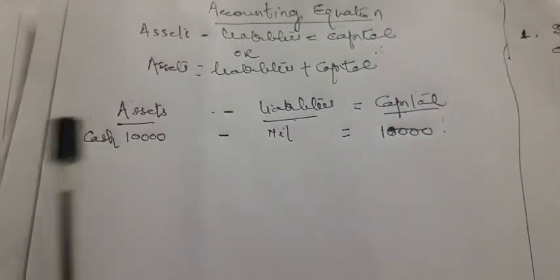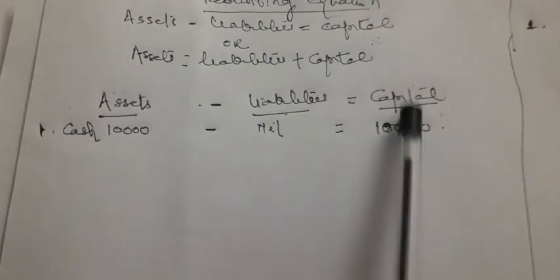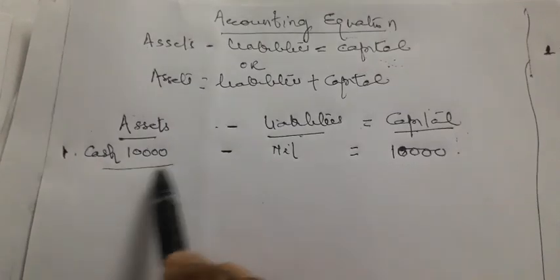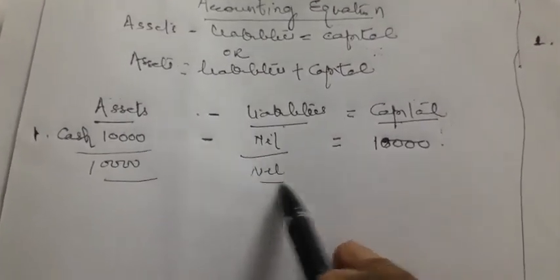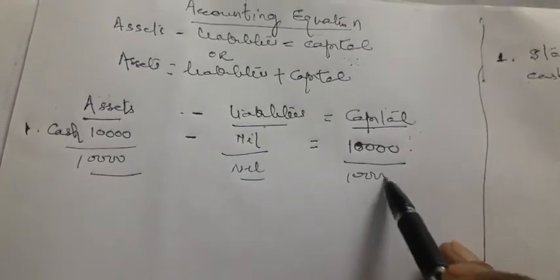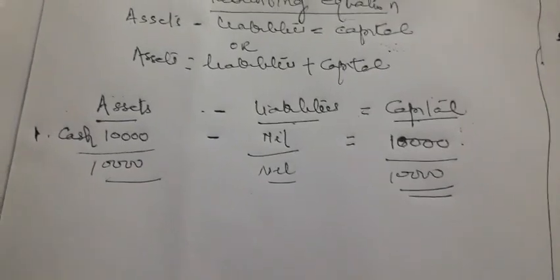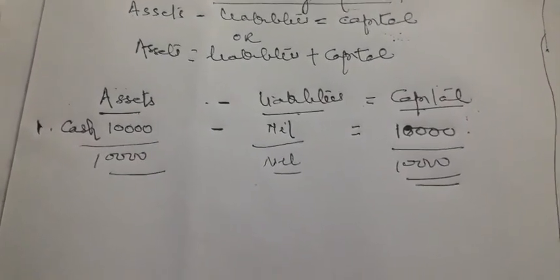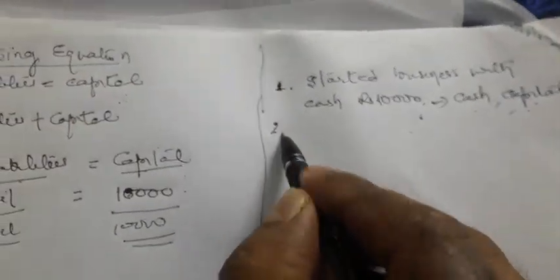Now, for fulfillment of dual aspect, this equation should be equal. The left hand side should be equal to the right hand side. We can see the left hand side total is 10,000 minus nil is equal to 10,000. That means in this transaction what we have done is okay, because the left hand side is equal to the right hand side.